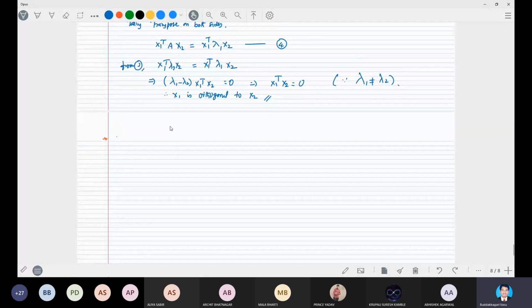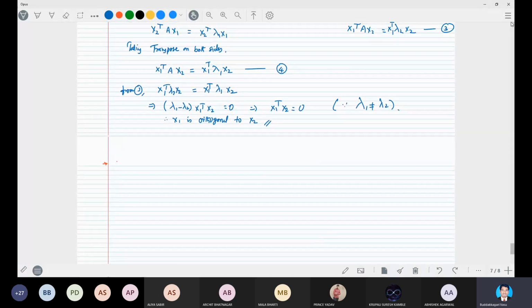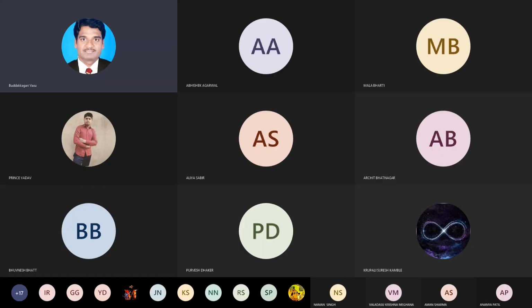Next problem. Can I go for another? I think it is better to take a new one. Let me close this. Problems on diagonalization.